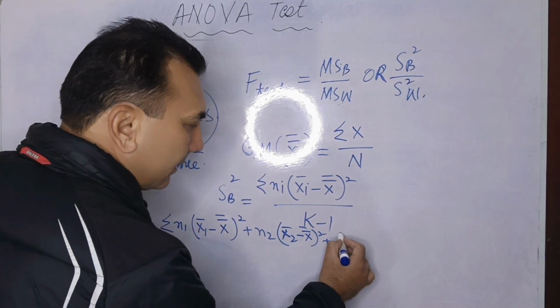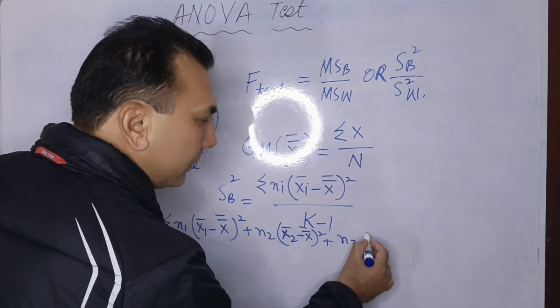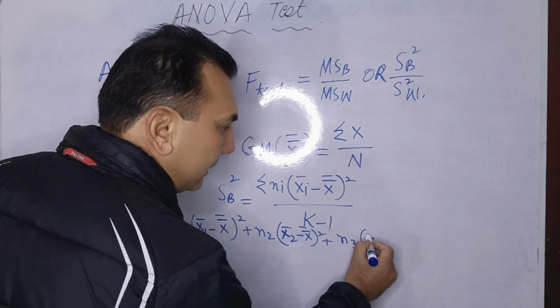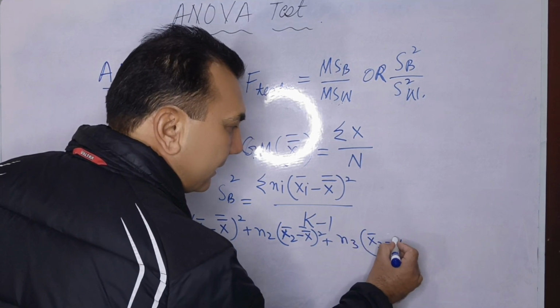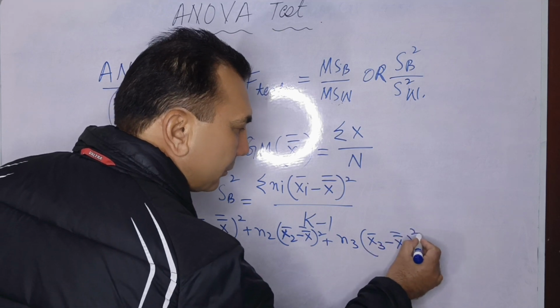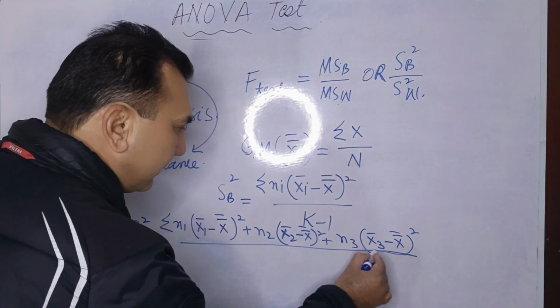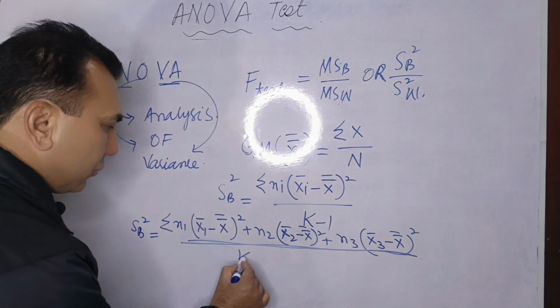Then again n3, the third group, the sample mean of the third group minus the grand mean, and square it. Then we will divide by k minus 1.